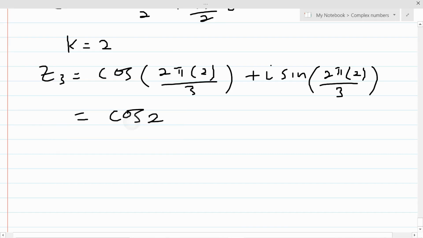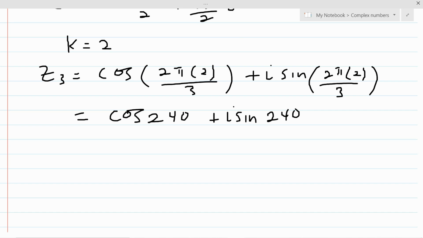Cos of 240 plus i sine of 240. I hope I'm correct. Now let's see. Cos of 240, is it the same as cos 60?